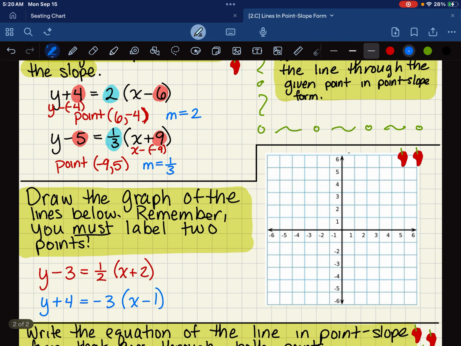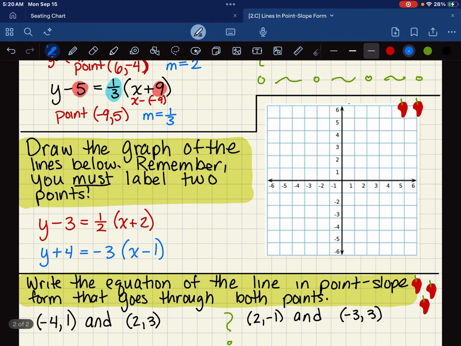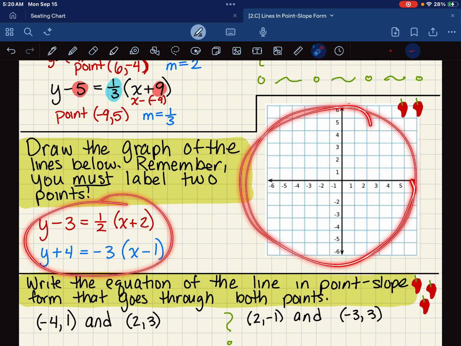All right, so now we're going to take it up another notch on our problems. This one says to draw the graph of the lines below. Remember, you must label 2 points. Because we're writing this in our notebooks, and I know we'll have a squished space, I'm going to graph these on the same piece of graph paper I have here.